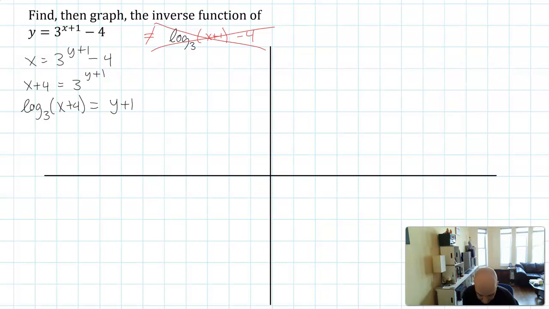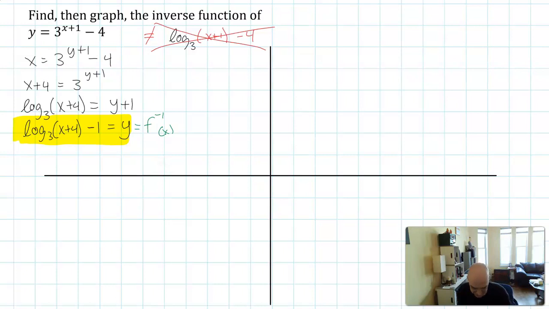And then we'll take away 1. So log base 3 of x plus 4 minus 1 equals y. And that is f inverse of x for the original function. So compare that to what I crossed out earlier. Notice that it's not the same. All right, so we've found the inverse function.